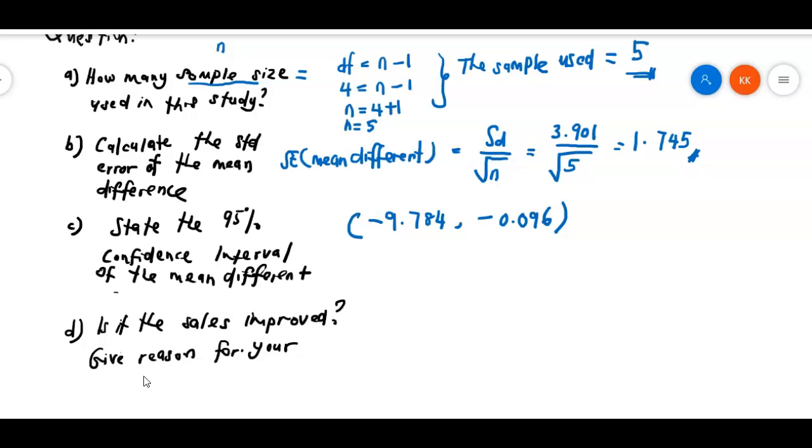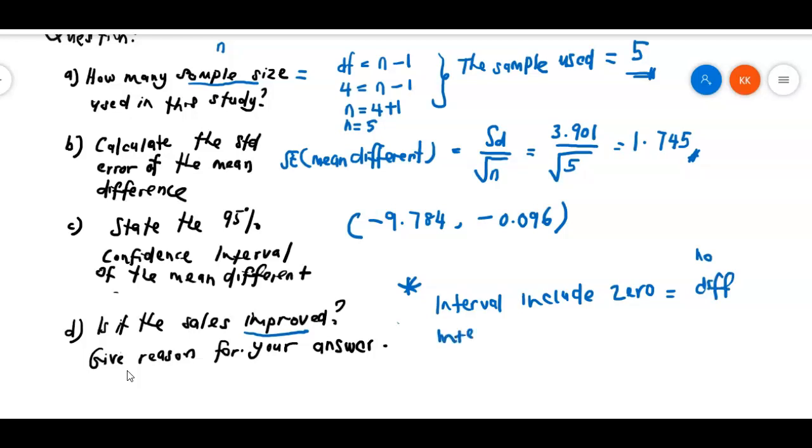Okay, the next question. In D, did the sale improve? Give reason for your answer. To answer these questions, you must refer to the confidence interval that you state in C. And remember, if interval include 0, no difference.